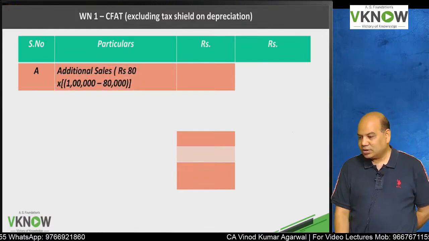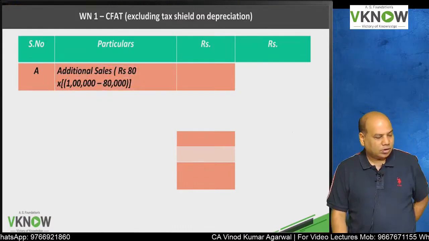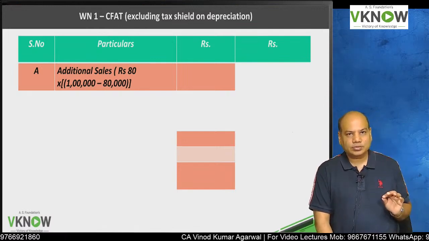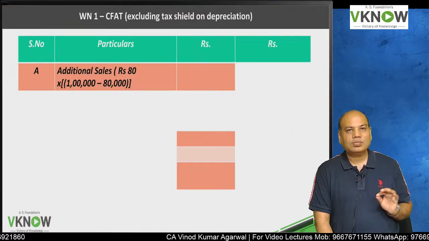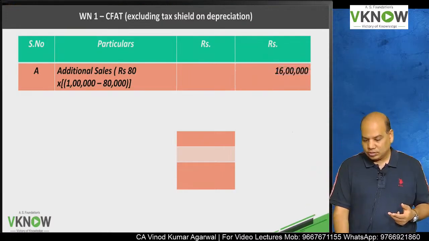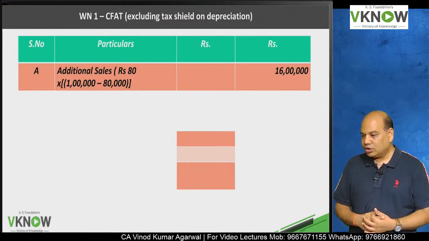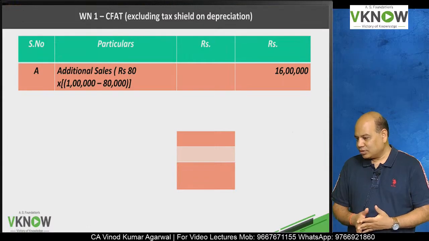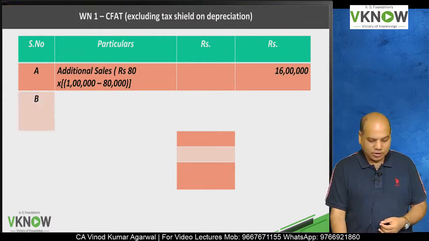First write down additional sales. Additional sale amount will be 80 rupees per unit into 20,000 additional units, 16 lakh. I hope you got this right.